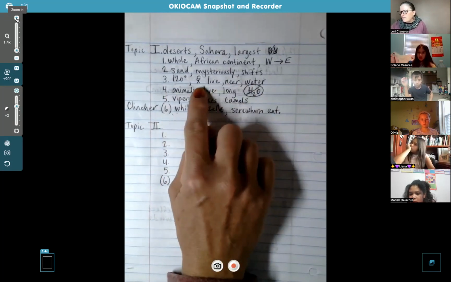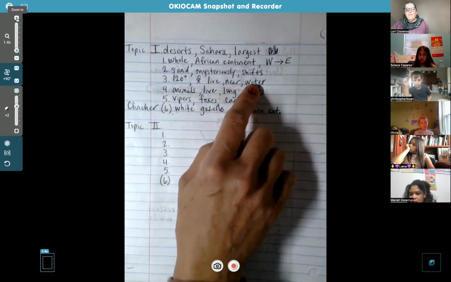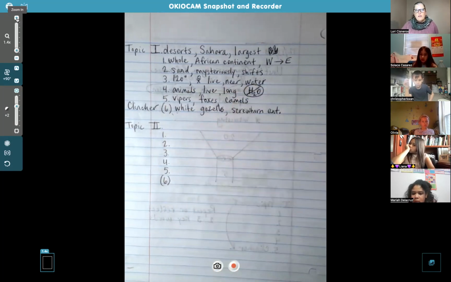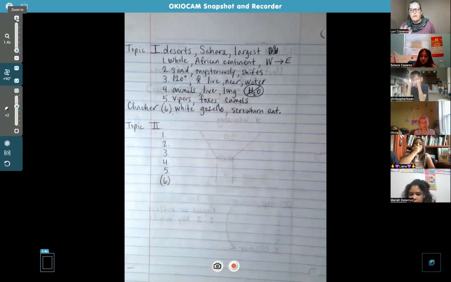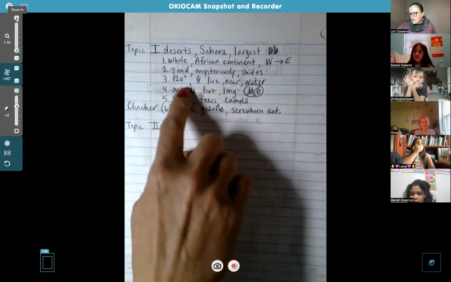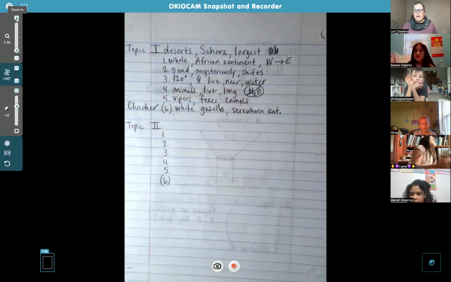Like right here, people live near water because you can grow things with water, or because it's cooler, or because they need water to survive. So something like that, where you find a spot where you can tell why they do something. Does that make sense? Yes. Good. So you're just basically going to use the word because in your sentence to tell why something.